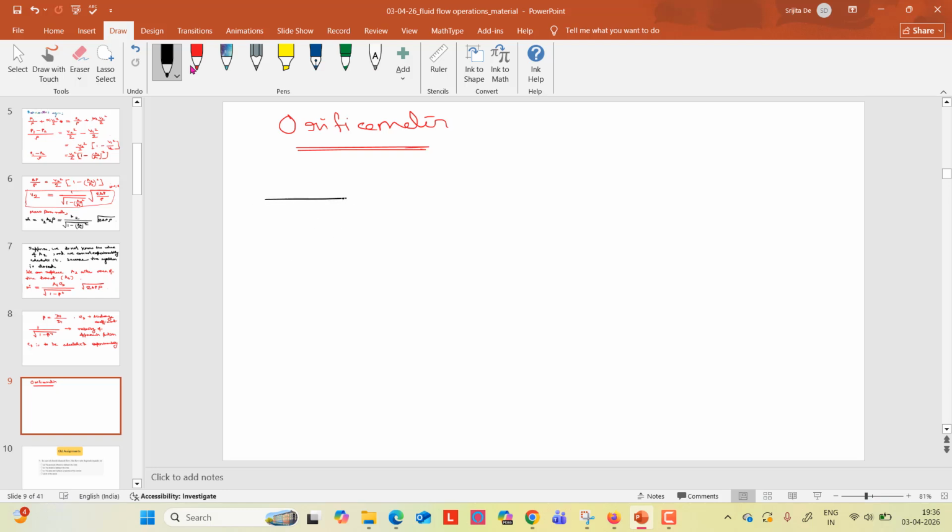So orifice meter is like, you get the diagram done by yourself, or you can refer to any online source. I am drawing it just to make you understand.